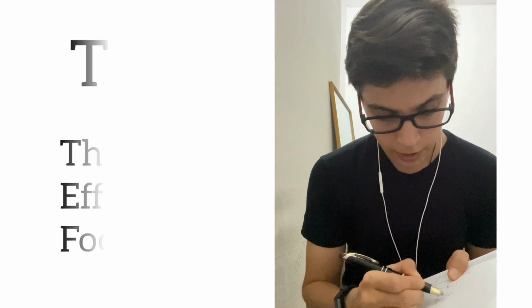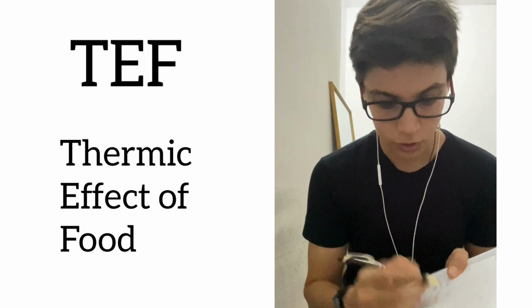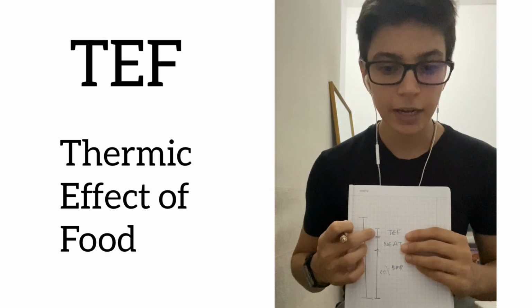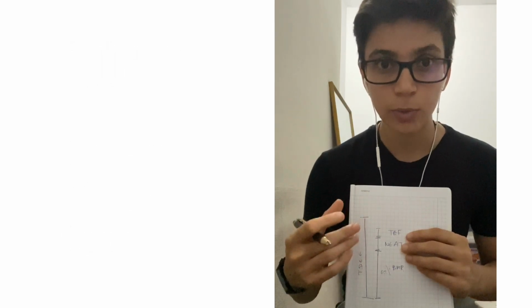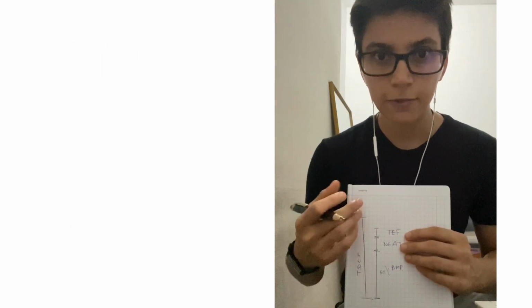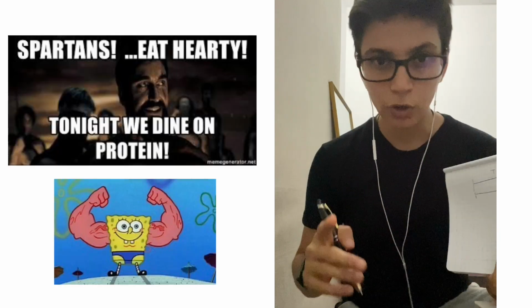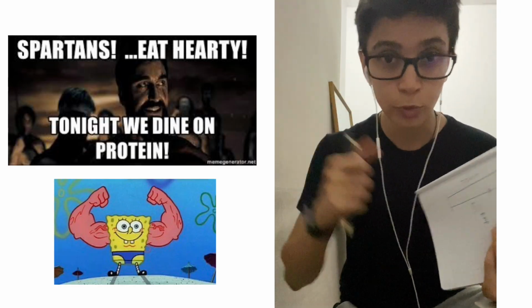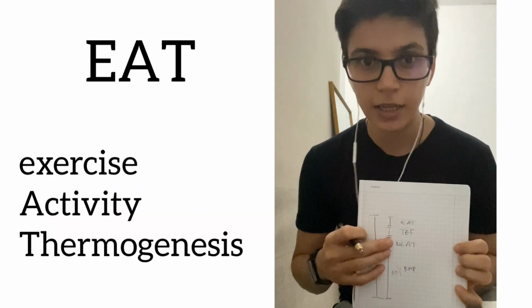Also, you have this bit here, which is the thermic effect of food. TEF. Thermic effect of food is this little bit here. That is how many calories your body uses to break down food. As we know, protein has the highest thermic effect of food, so go protein. Now, this little bit here is your exercise activity thermogenesis, EAT.